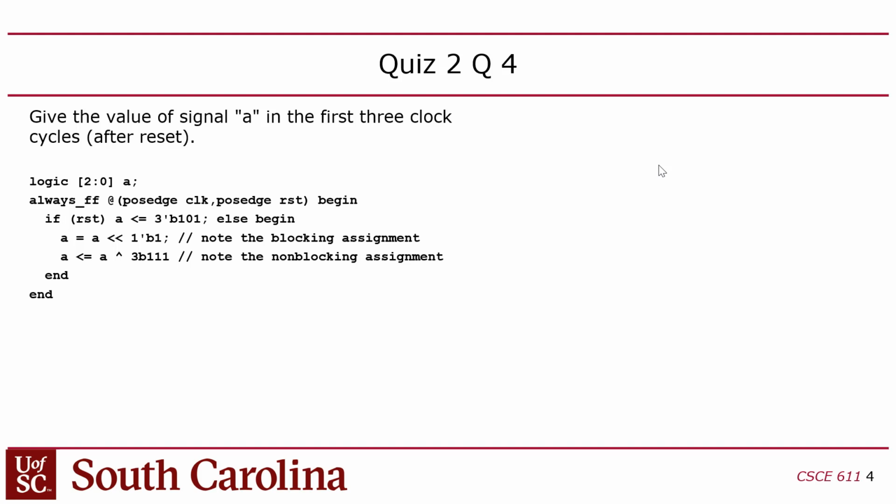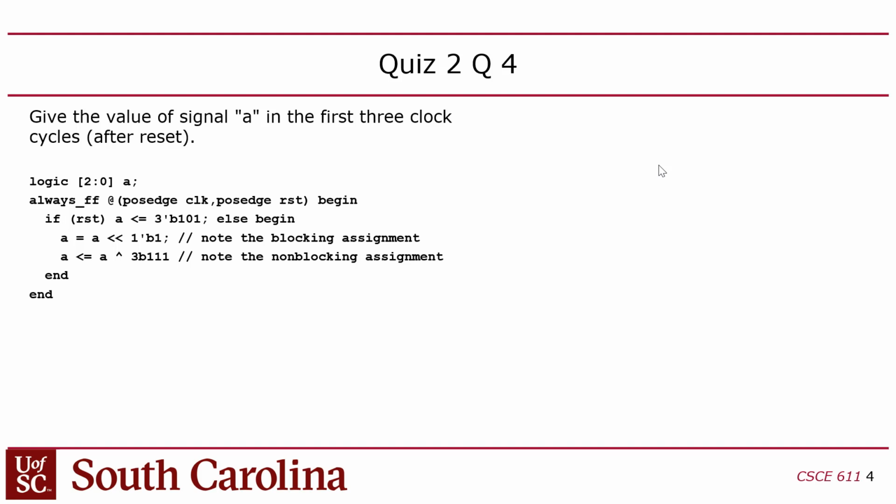So because of that, in the second line of code, you can take this sub-expression and substitute it in for A, because that blocking assignment will affect any subsequent lines of code in the always statement that use the outputs of the blocking assignment, right? So basically, what this is doing is shifting A by 1 bit and then flipping all the bits.